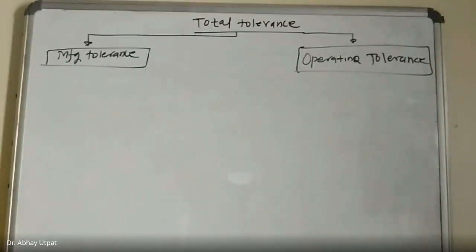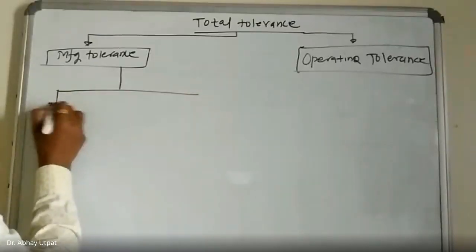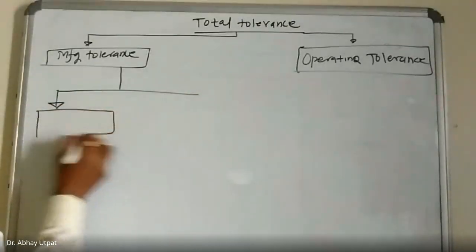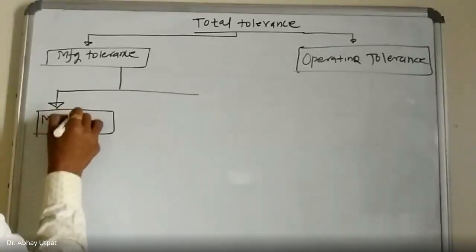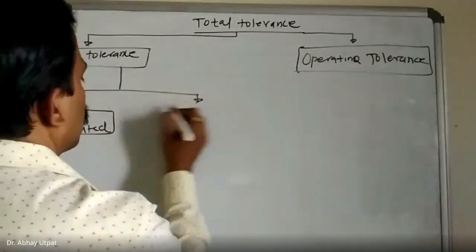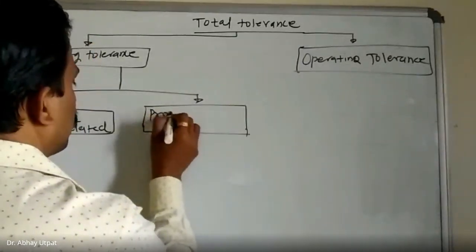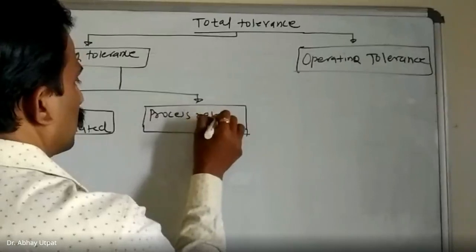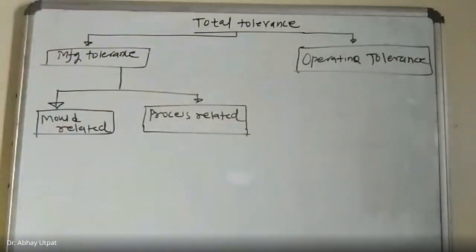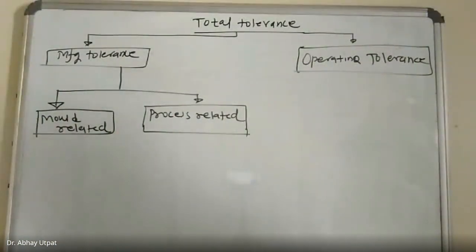So this is manufacturing tolerance. Again, you can write mold and process. Mold related, process related.